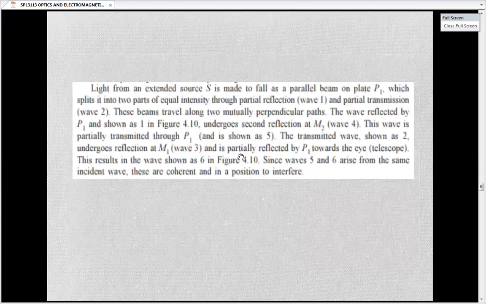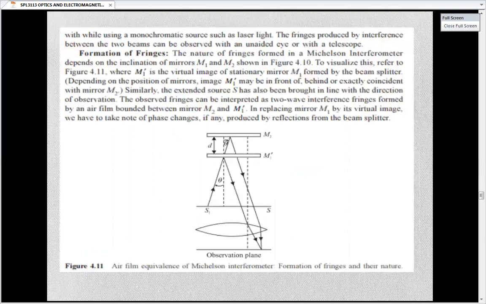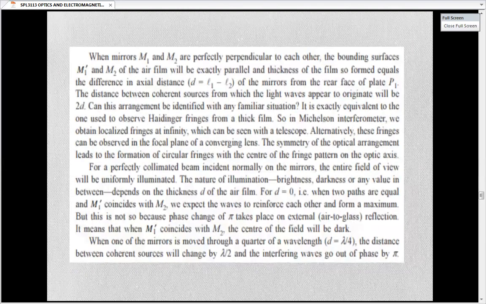That is what is being explained in this slide, so that the distance D can have several values. It can be made equal to 0, which means it can be made to perfectly coincide with the position of M2. It can be shifted by a distance equal to a quarter lambda, half lambda, 3/4, and so on and so forth.